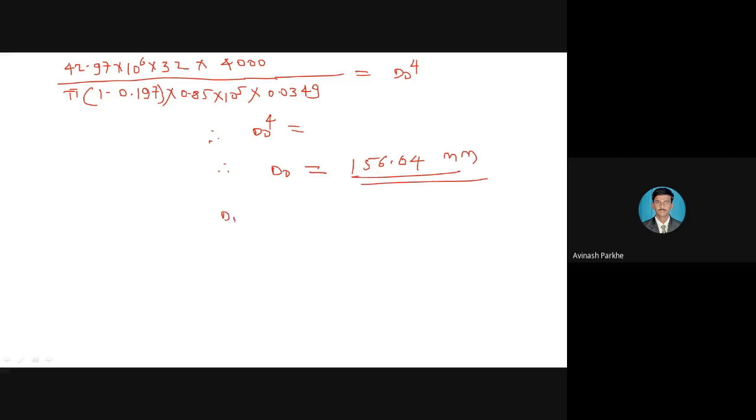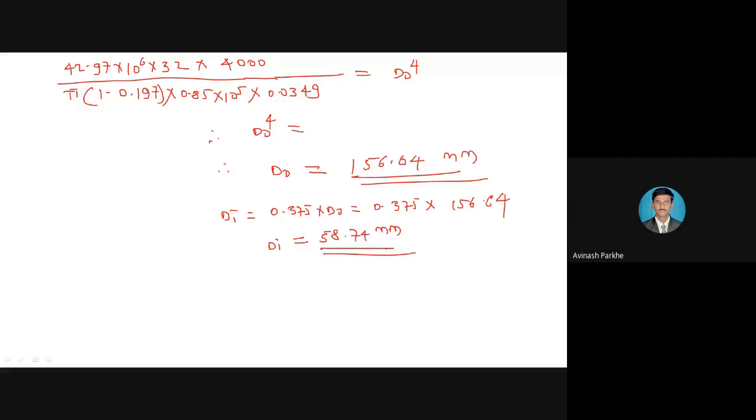And Di is equal to 0.375 into Do, which is 0.375 into 156.64. You will get the internal diameter. Di is equal to how much? 0.278... Internal diameter 58.74. 58.74 mm.